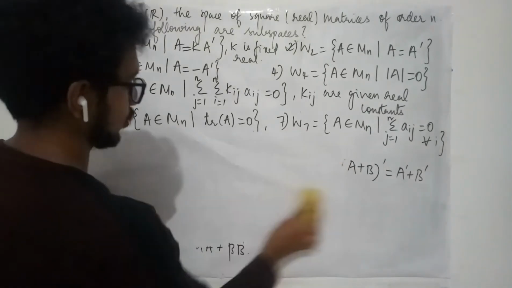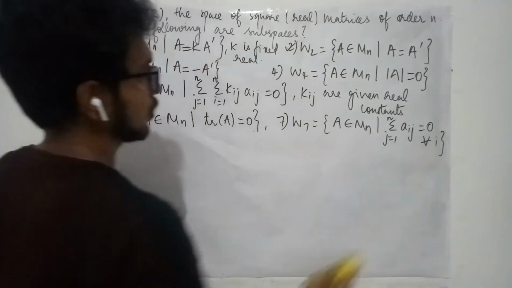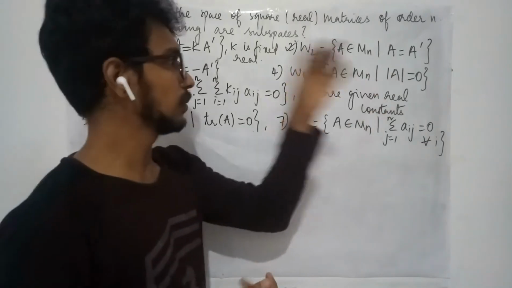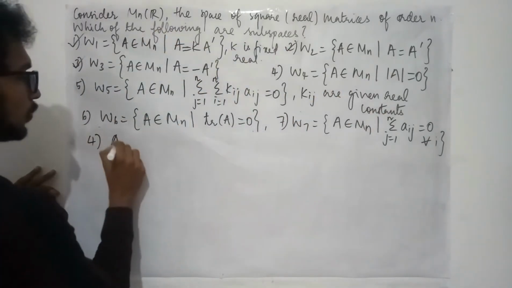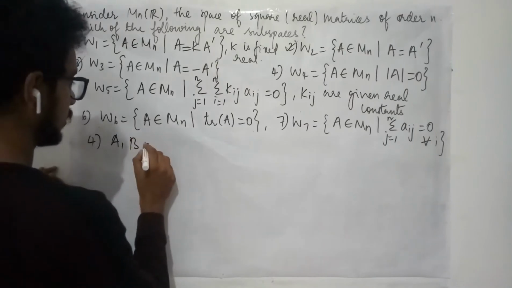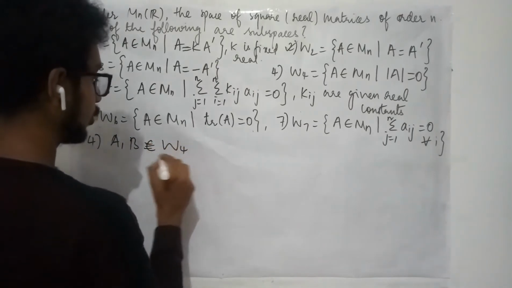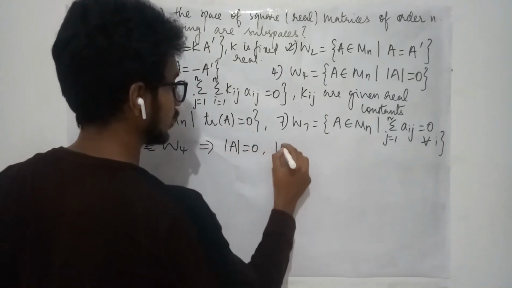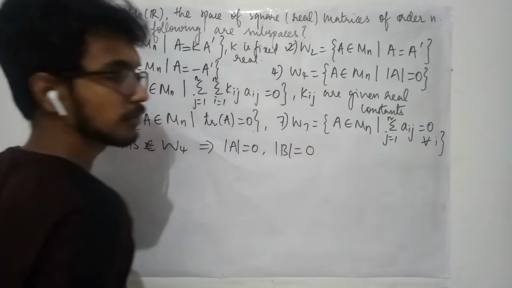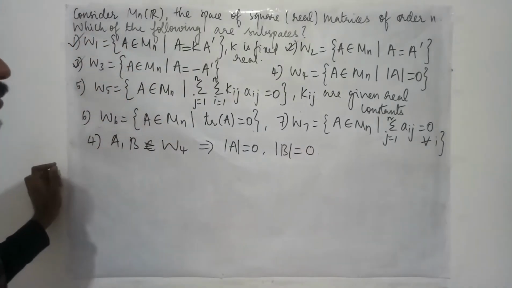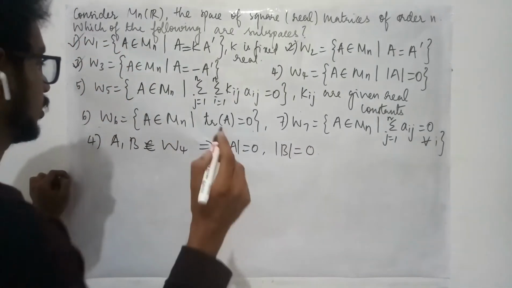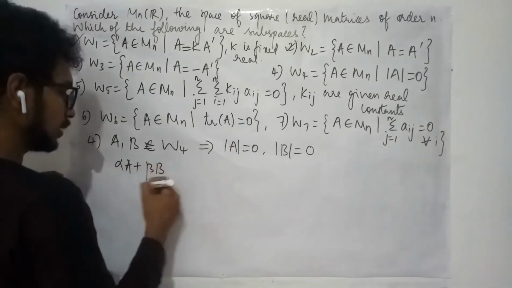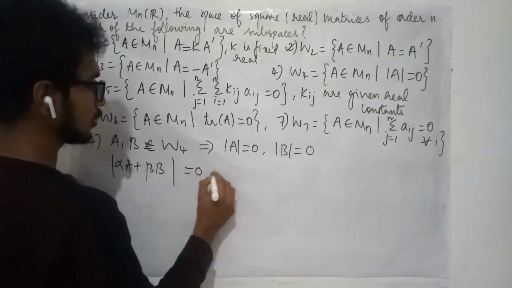Now, we shall get into the other things. We have the determinant. Let me take two matrices in W4, which means determinant of A is 0 and determinant of B is 0, and we have to check whether the determinant of alpha A plus beta B is 0 or not.